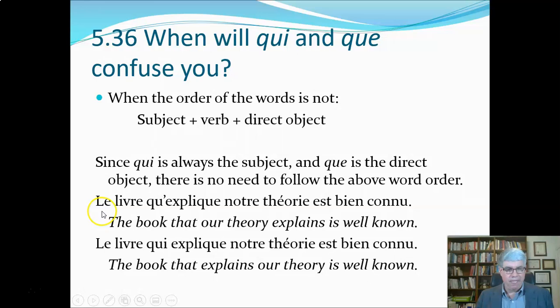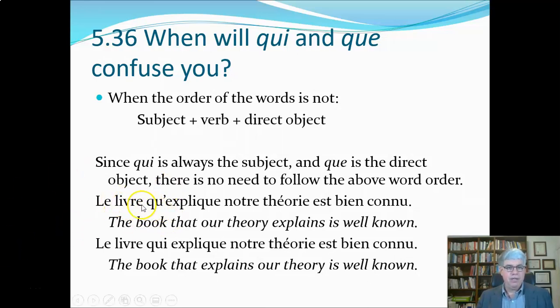And so we have the sentence, the book that explains our theory. That's what it looks like literally, except if it was the book that explains, that would mean the book is the subject of that, but it can't be because it's replaced by que.